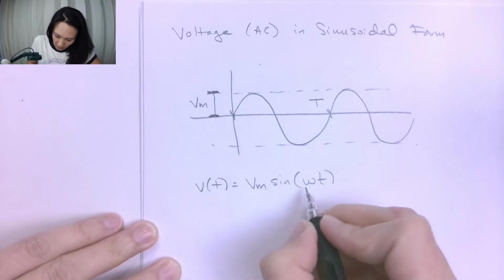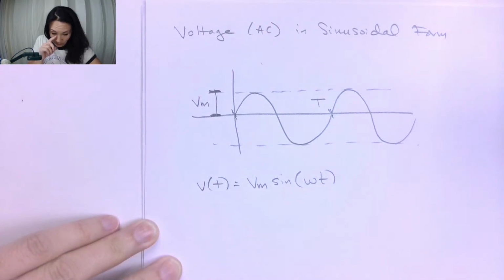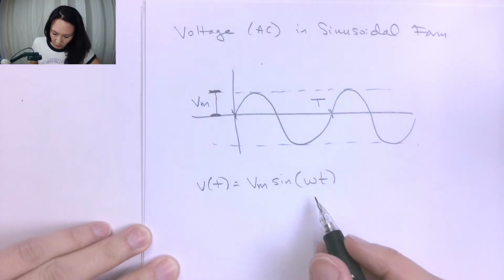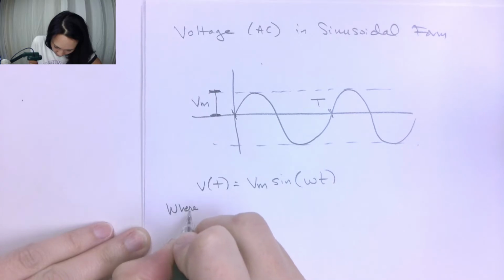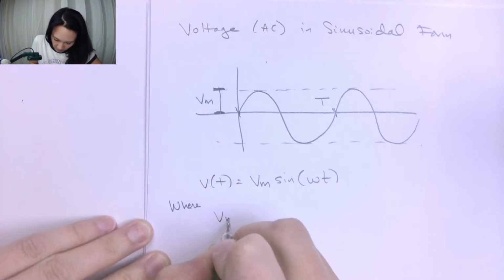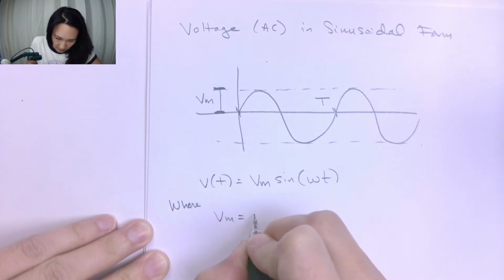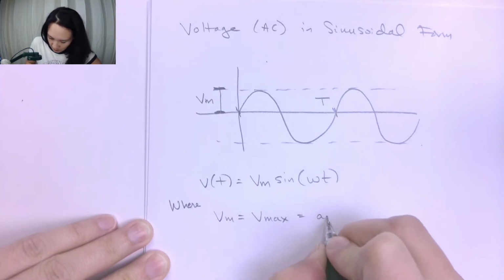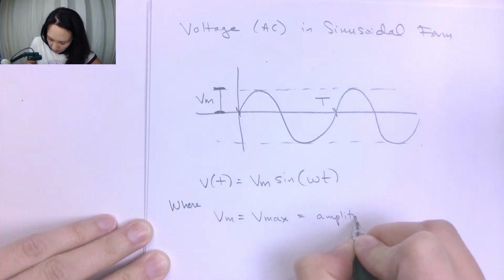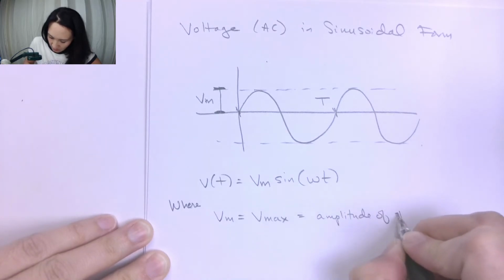Now this omega here is going to be the frequency, but it's in radians per second, so this is angular frequency. Let me just write all these out for you, where Vm is shorthand for Vmax. So this is going to be the amplitude of the voltage signal.